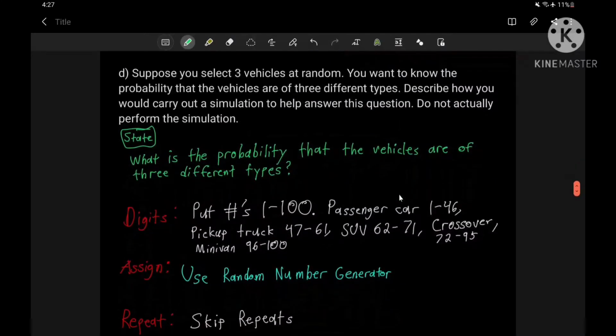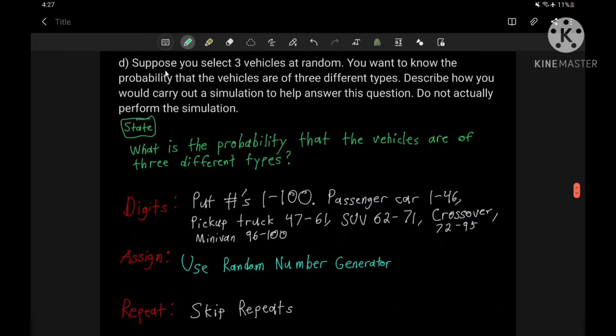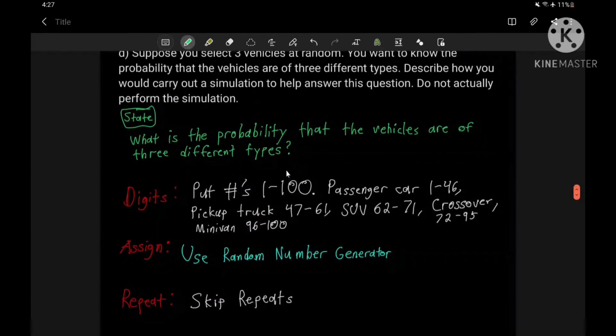And finally, part D. Suppose you select 3 vehicles at random. You want to know the probability that the vehicles are of 3 different types. Describe how you would carry out a simulation to help answer this question. Do not actually perform the simulation. Okay then.